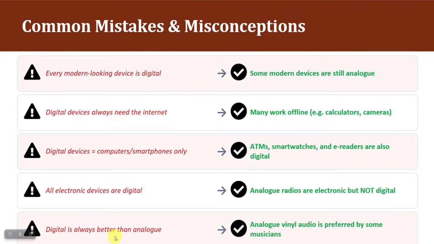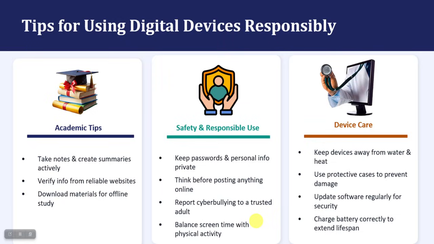Misconception five, digital is always better than analog. The truth is, analog vinyl audio is preferred by some musicians. So remember, digital and electronic are not the same thing. And digital isn't always automatically better. It depends on the purpose.